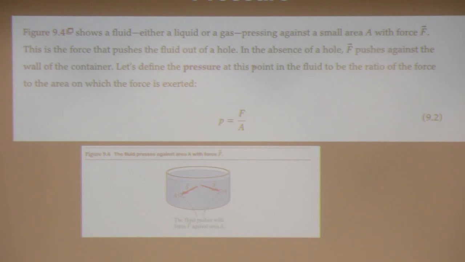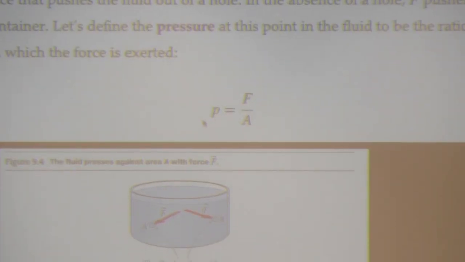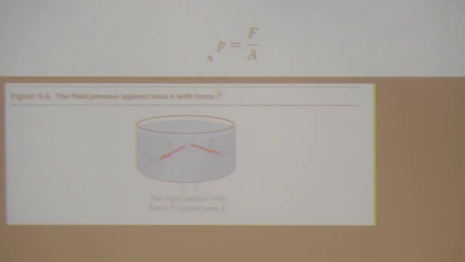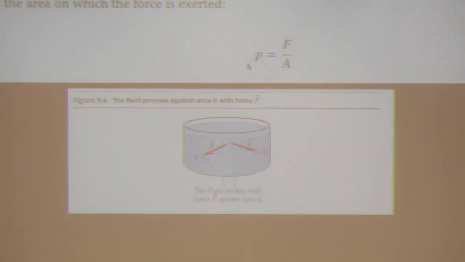So we can define the pressure at this point in the fluid to be the ratio of the force to the area on which the force is exerted. So pressure is equal to force per unit area. So if I know my pressure and I want to know what my force is, I just multiply pressure times area and get my force. What's a nice way to see that and see how pressure works?